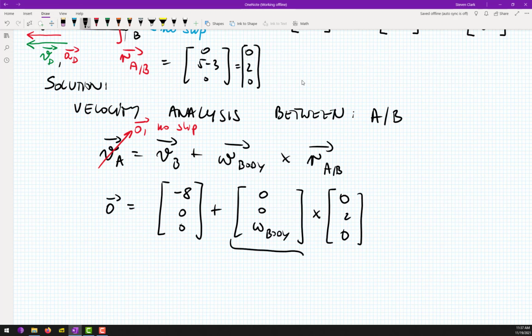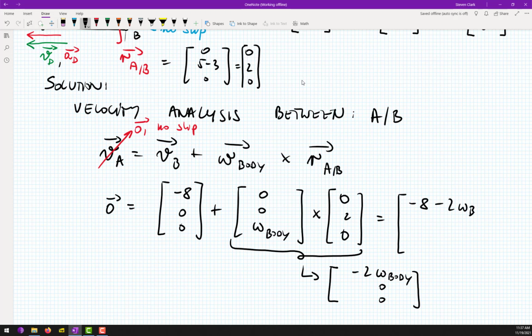Okay, if you run this determinant, you will end up with -2 omega body, 0, 0. So our VA can be expressed as -8 -2 omega body, 0, 0.